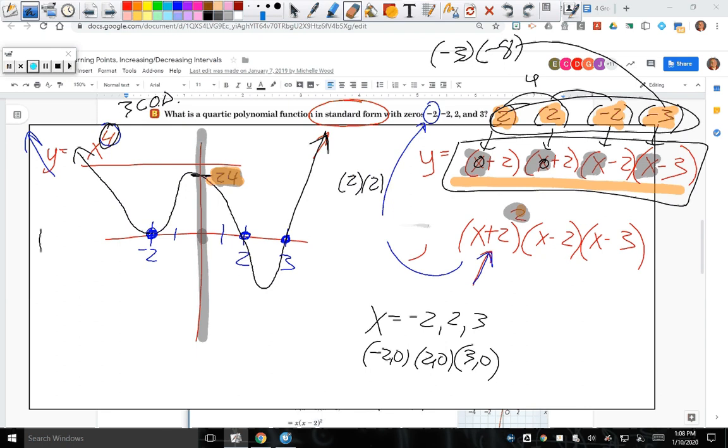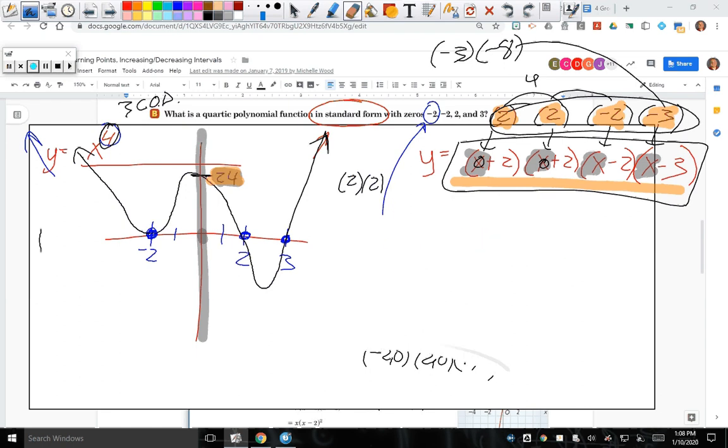Now let me show you, because everyone's different. If you have 4 separate factors, what you do first, there's 4 to choose from for the first one. After you've chosen one, there's 3 to choose from left. After you've chosen that second one, you have 2 left, and then the last one, you'd have 1 left.